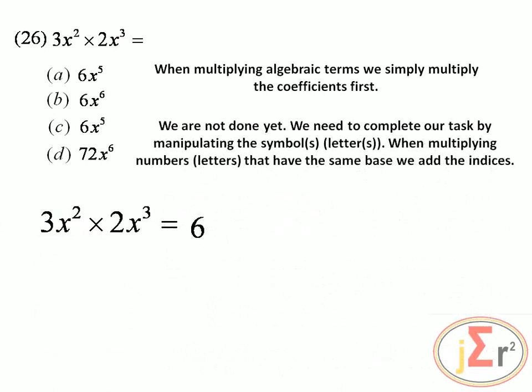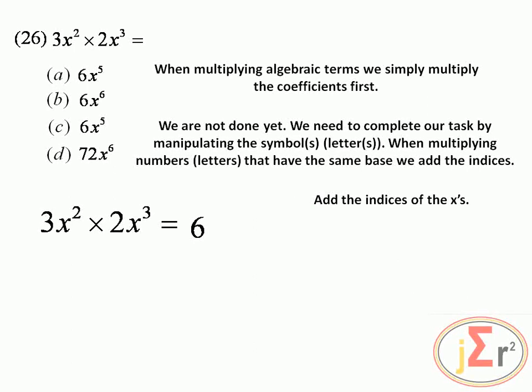We are not done yet. We need to complete our task by manipulating the symbols or symbol, letter or letters. When multiplying numbers or letters that have the same base, we add the indices. So we have x squared, x cubed.